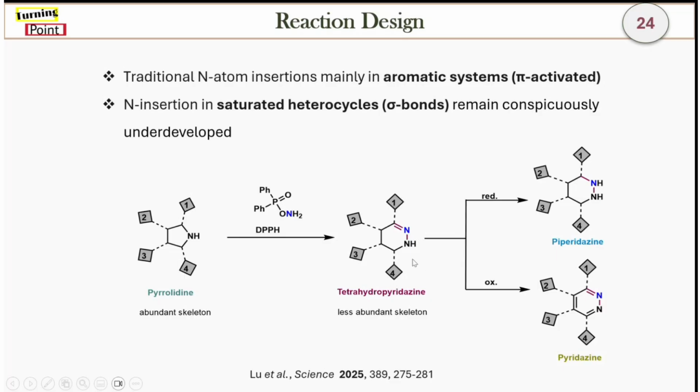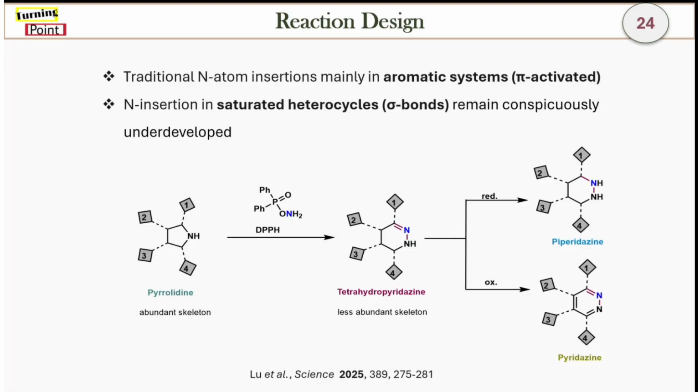This molecule has a very unique feature because it has a carbon-nitrogen double bond, which is very reactive in nature, and it also contains an NH, which is nucleophilic in nature. If we reduce it, it will give this fully saturated piperidazine molecule. And if we oxidize it, it will give this pyridazine, which is an aromatic compound. Both moieties are very valuable in drug chemistry.